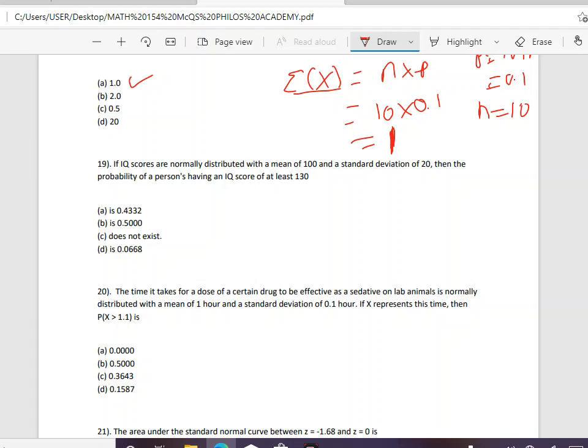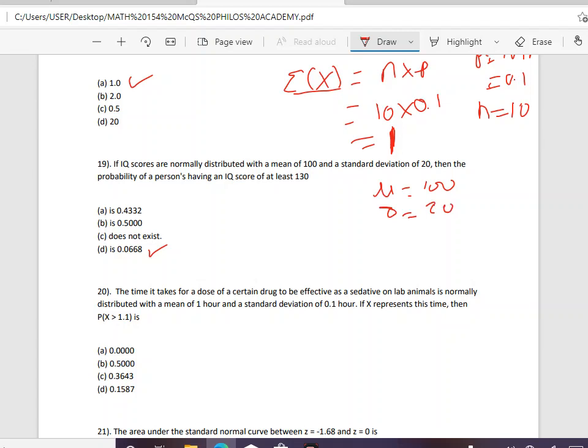So question 19. If IQ scores are normally distributed with a mean of 100 and a standard deviation of 20, then the probability of a person having an IQ score of at least 130 is, the answer for this is D. The reason is, if IQ scores are normally distributed, our mean is what? 100. And the standard deviation is what? 20.